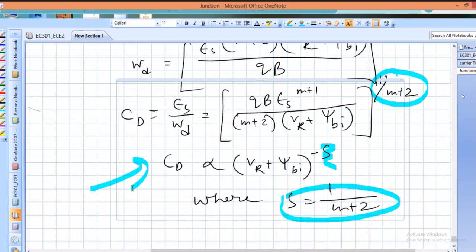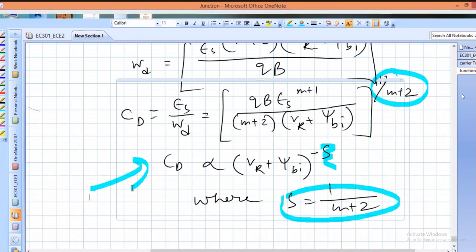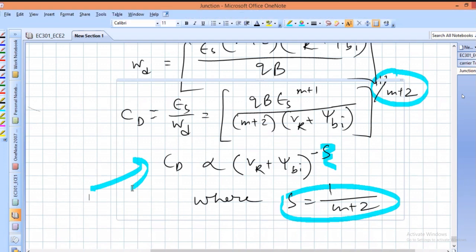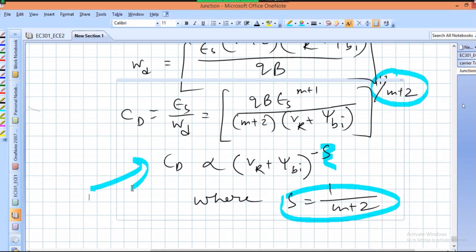How can S be made large? Larger S means larger capacitance variation with bias voltage, right? If S is large, that requirement must be fulfilled by considering a hyper-abrupt junction profile.